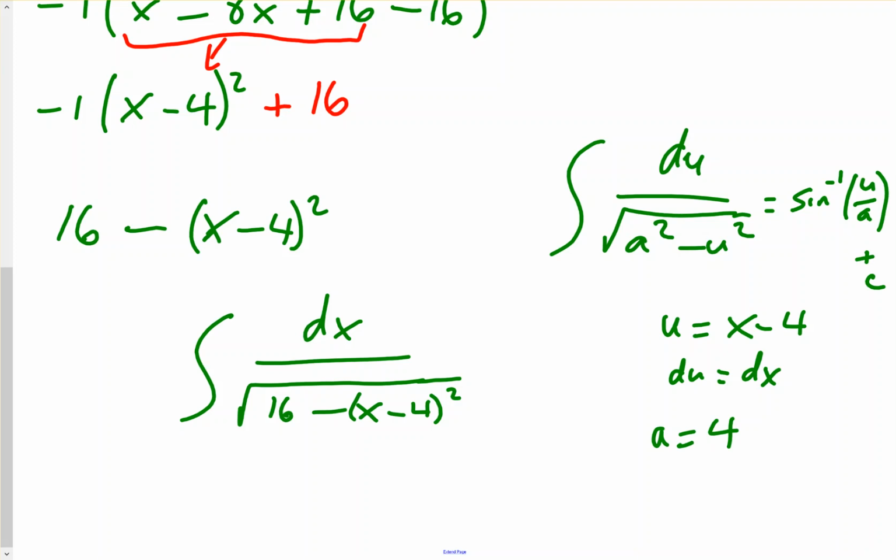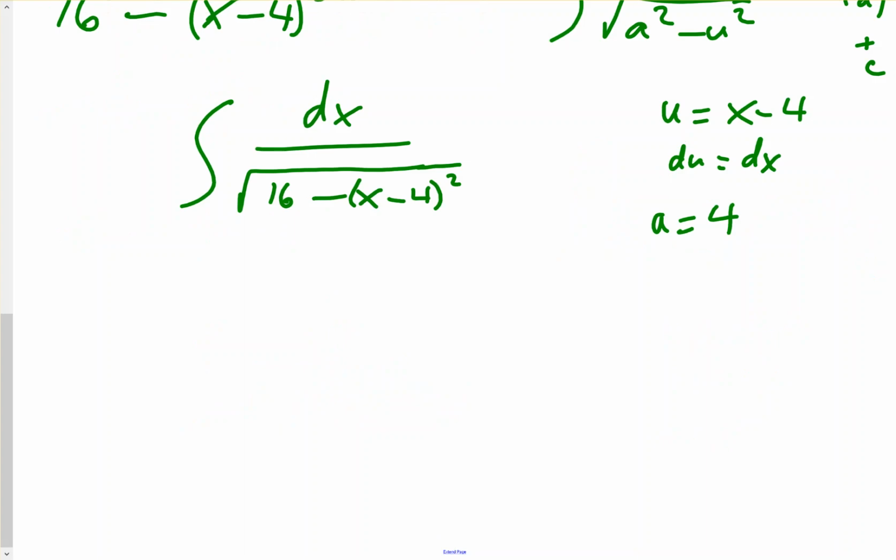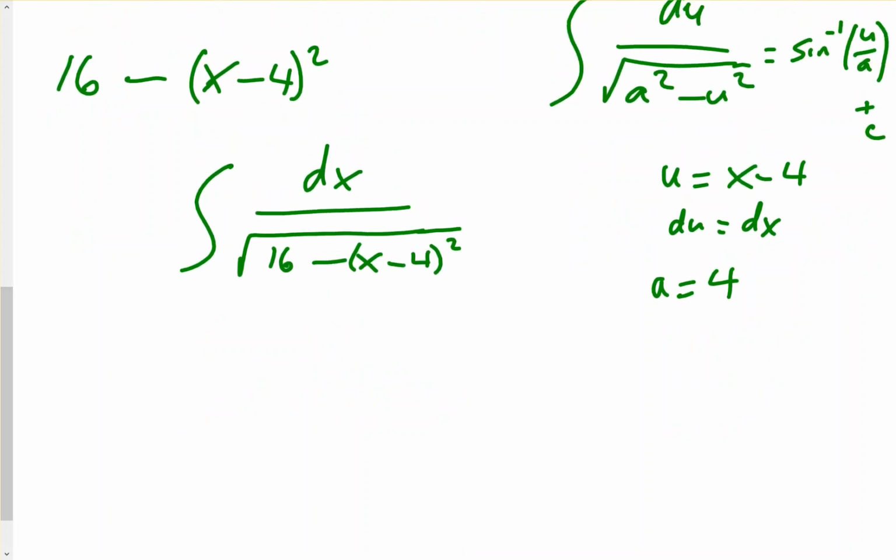So if we work with that for our problem, we will have arc sine, or inverse sine, of u over a, so x minus 4 over 4, plus c. And that will be the final answer.